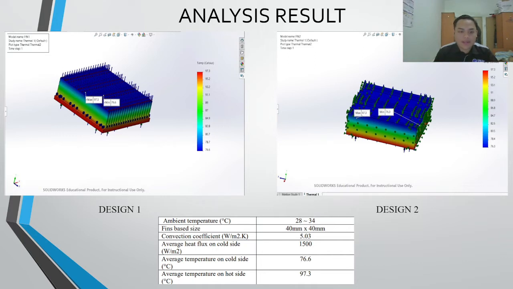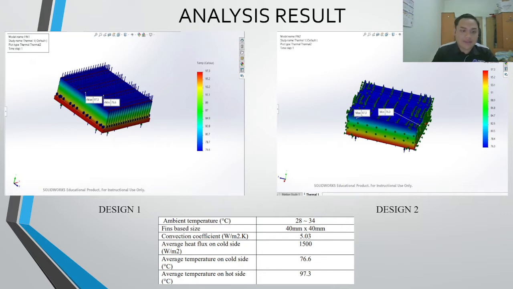I have set the convection coefficient for both designs to 5.03. The average temperature for the cold side is 76.6, the average heat flux on the cold side is 1500, and the average temperature on the hot side is 97.3.